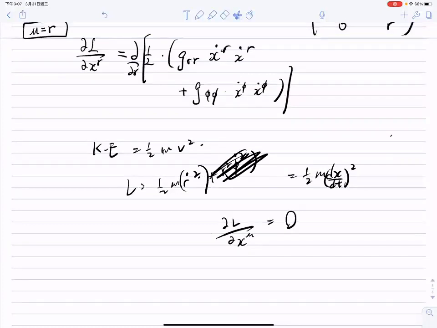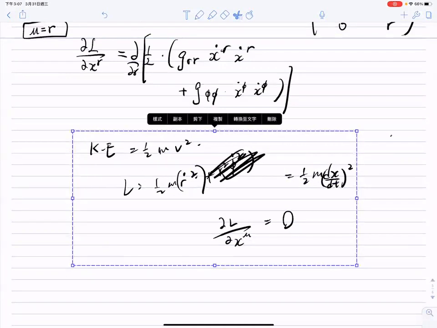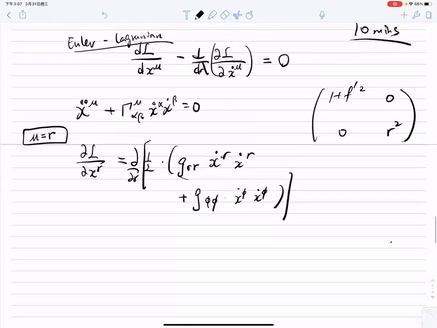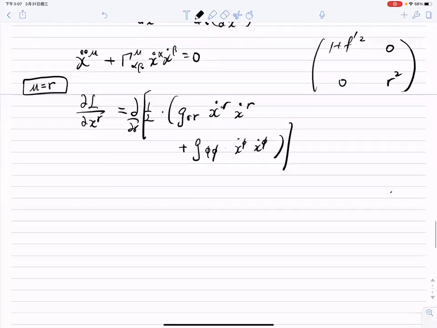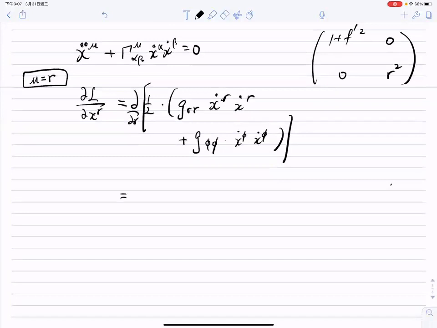However, for some curvilinear or arbitrary coordinates, you may find out our g rr depends on r, and then the answer is r dot squared times the derivative of g rr, which gives 2 times f prime times f prime prime, right?